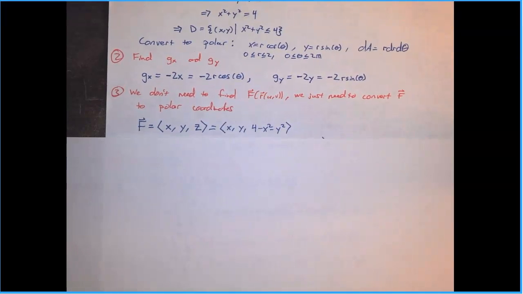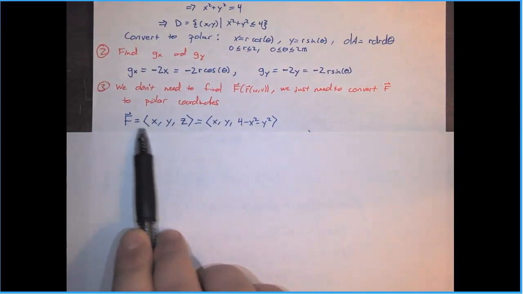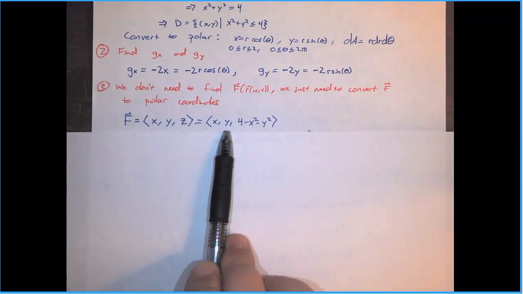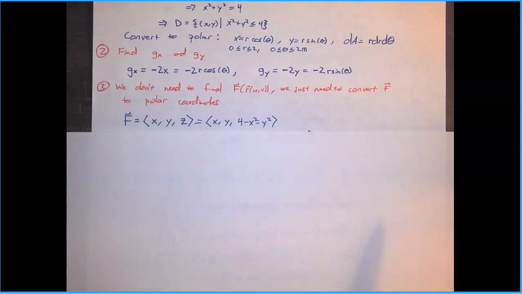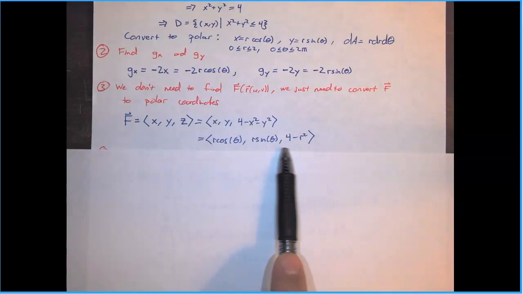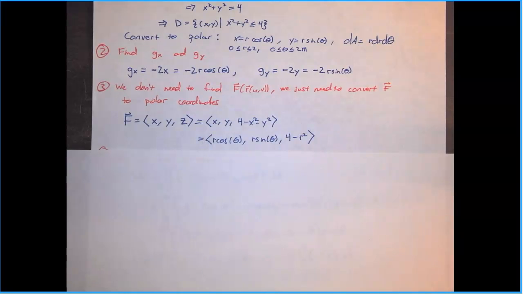Since we at first assumed that we were in the xy plane, everything needs to be in terms of x and y. So this was my original vector field. I just replaced z with the surface, 4 minus x squared minus y squared. And now since I'm converting to polar coordinates, x becomes r cosine theta, y becomes r sine theta, and z becomes 4 minus r squared.